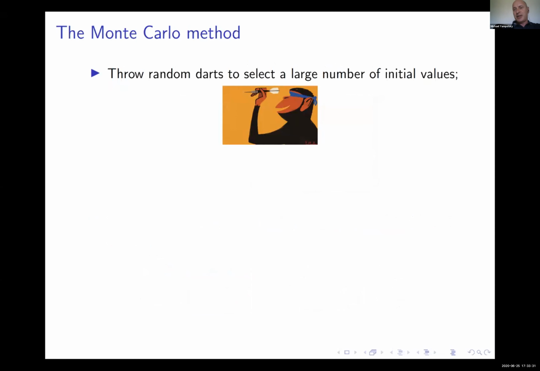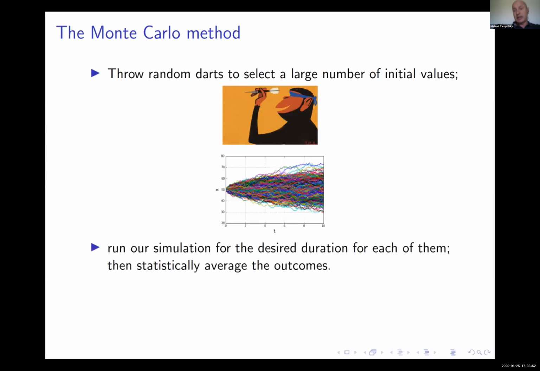You pick a large number of initial values, you run your computer simulation for each one of those values, then you take an average of the results and you hope that this averaging gives you a meaningful statistical description of the outcomes of the actual event that you're simulating.